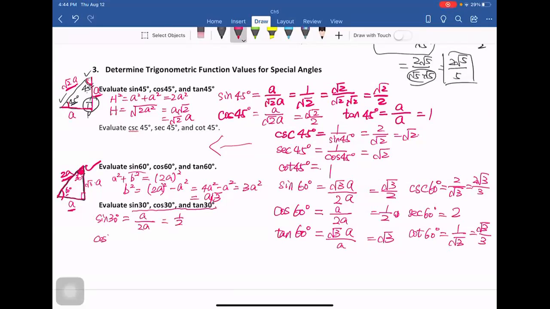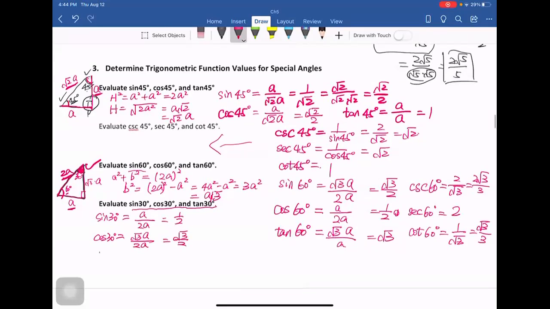And cosine 30 degrees equals square root of 3A over 2A. That's root 3 over 2. And tangent 30 degrees equals opposite, that's A over square root of 3A. That's square root of 3 over 3.